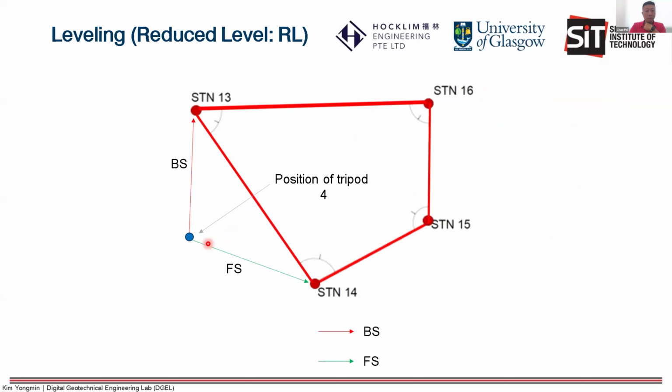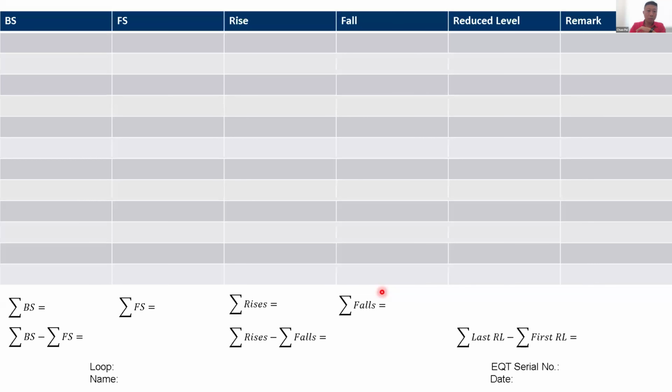Lastly, go back to station 14. Remember, we always need to close our surveying to a known benchmark. So you read your backsight, your foresight. Then you use your rise and fall method to calculate your reduced levels. All right, so this is a spreadsheet.